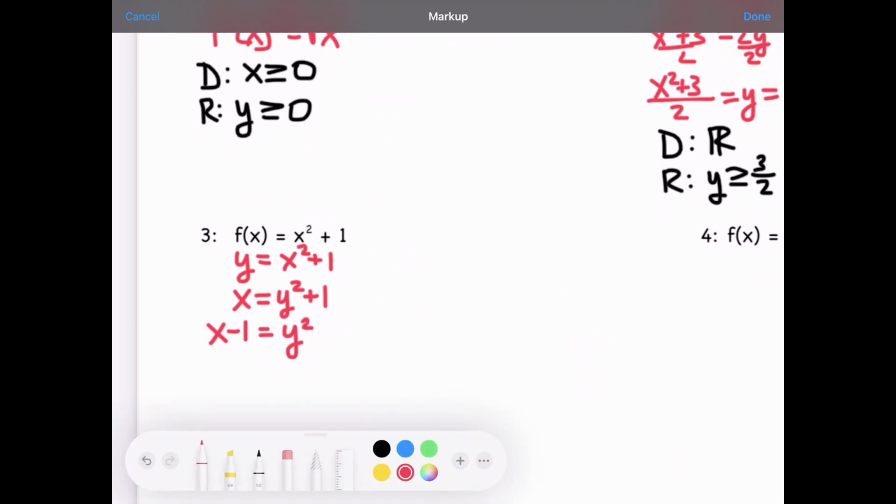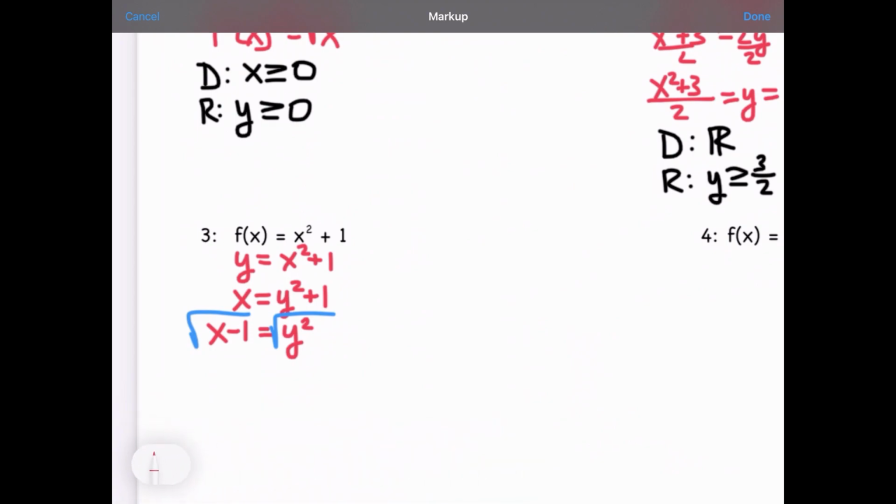So now we need to take the square root of both sides. When we do that, we're left with the square root of x minus 1 equals y. That is our f inverse of x. That's our inverse function.